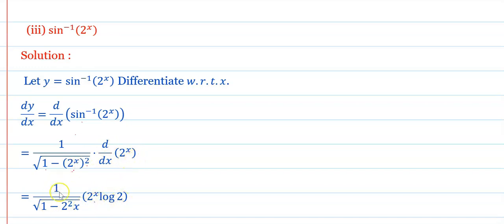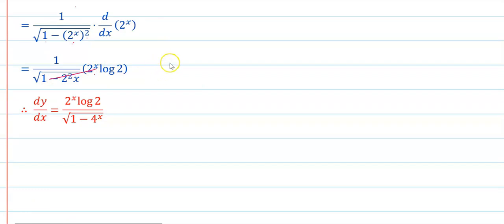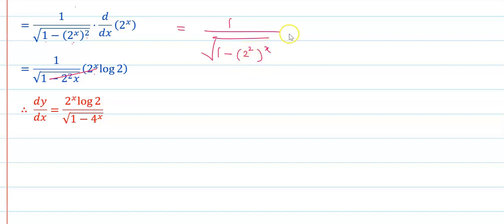That is 1 upon under root of 1 minus (2 raised to x) whole square into the derivative of 2 raised to x.